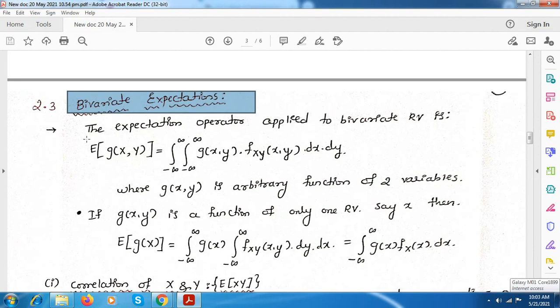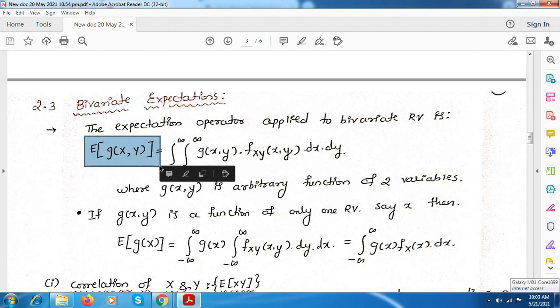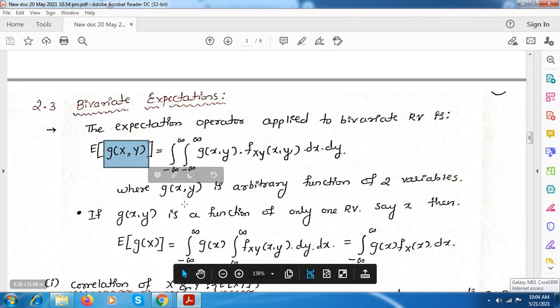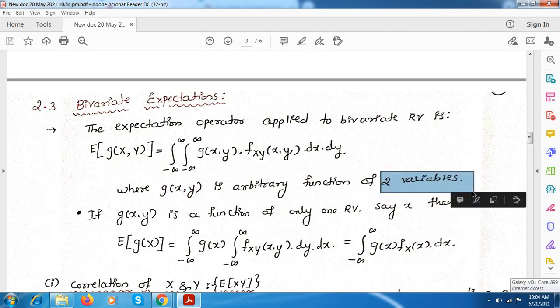In the first module, we used to write E of x is equal to integration from minus infinity to plus infinity of x into fx of x into dx. But here instead of that x, we have g of x comma y. This is the function which will be varying with respect to both the random variables. Here it is g of x, y, an arbitrary function of two random variables.